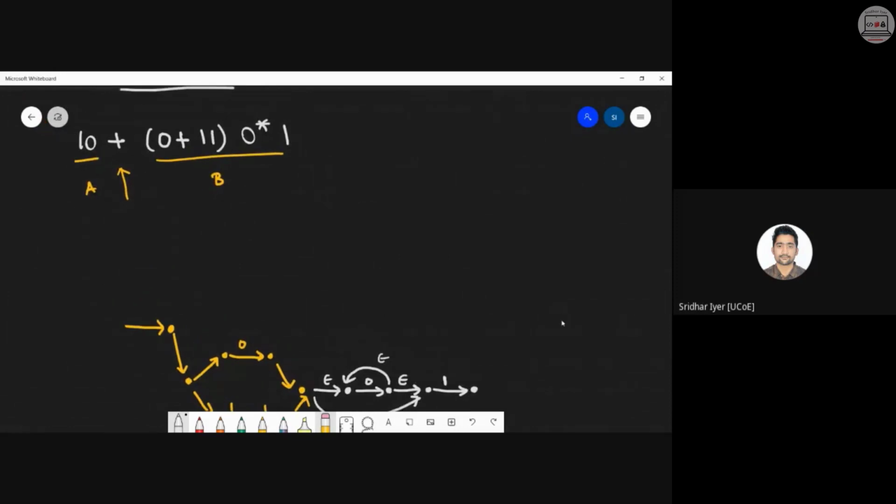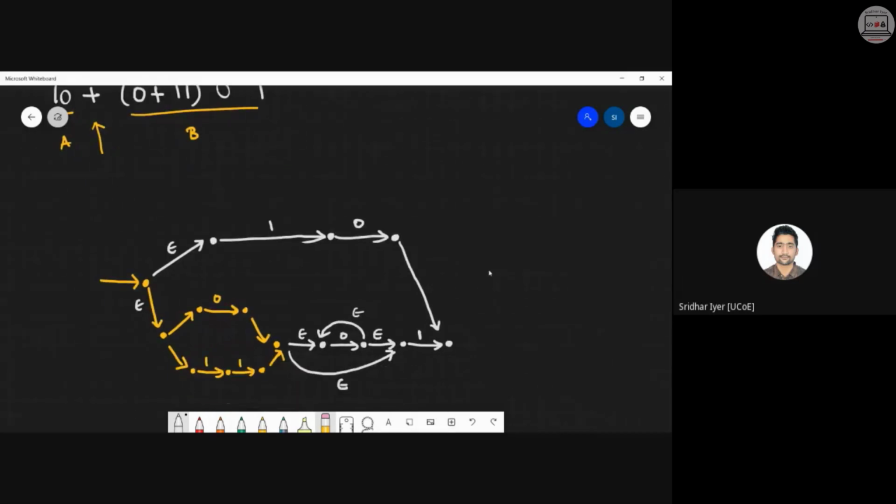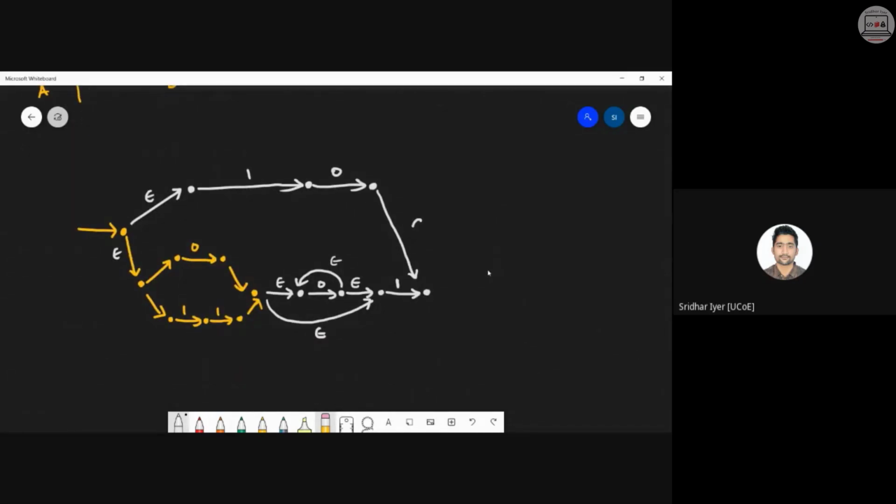The lower half is done. Let's complete the upper half, which is 1 0. I guess it's complete now.